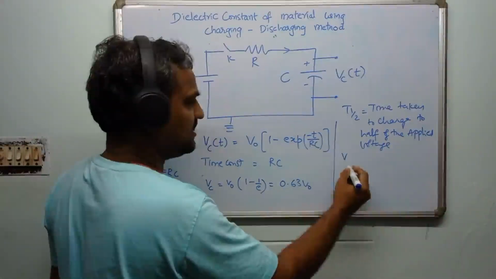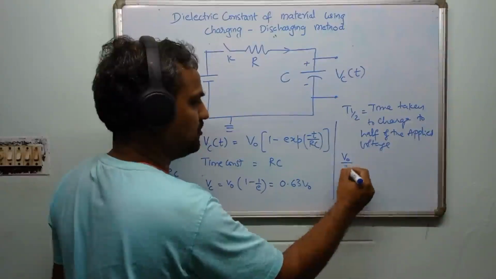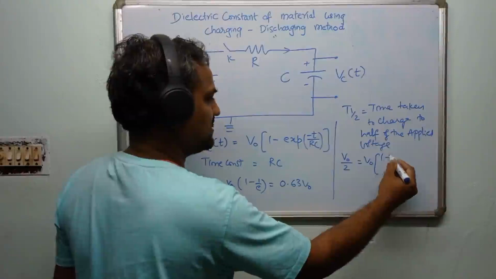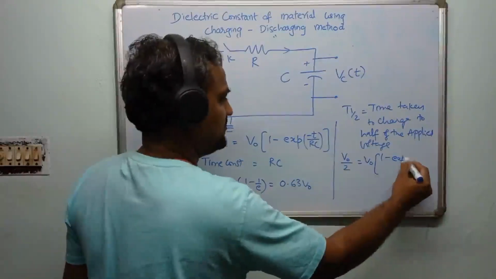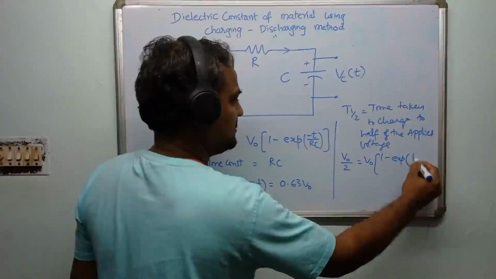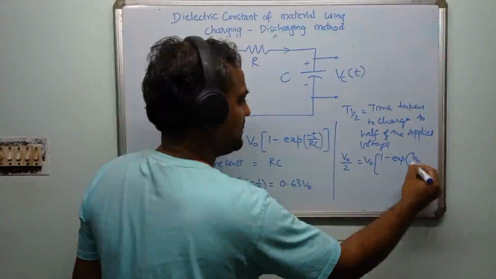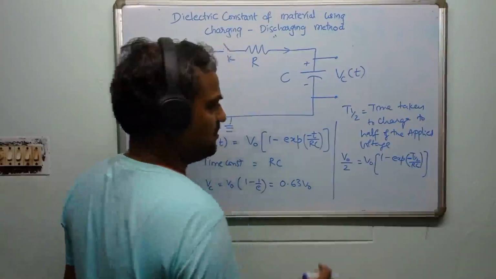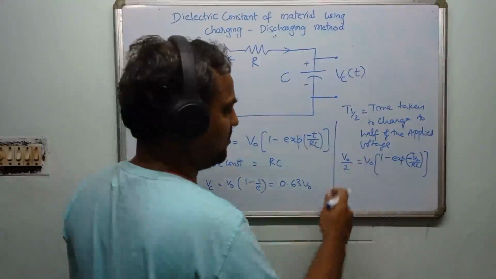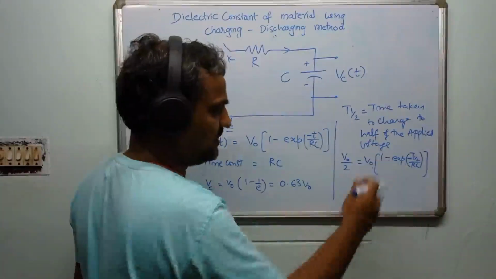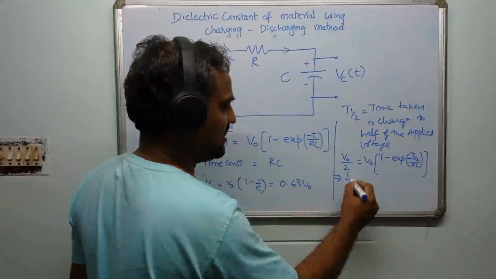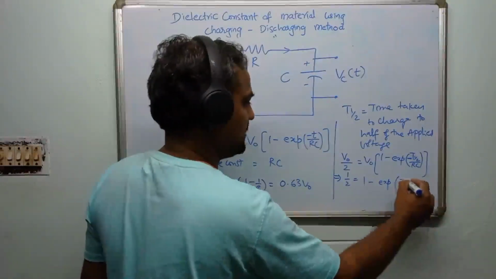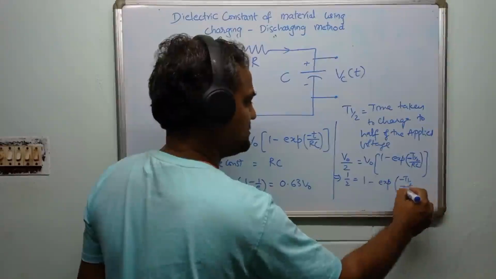So Vc becomes V0 by 2, equal to V0 times (1 minus e to the power of minus T half divided by RC). As we know, V0 is gone, it is half, and this is 1. So this equation becomes half is equal to 1 minus exponential of minus T half divided by RC.